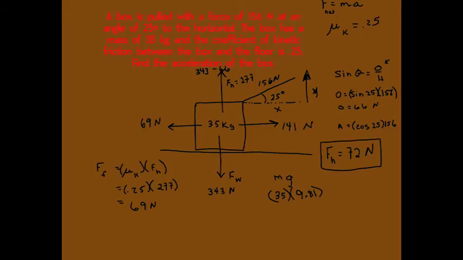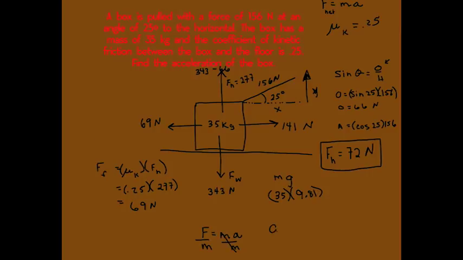But they don't want net force. They want to know acceleration. Well, at this point, it's a piece of cake because we know that the net force is equal to mass times acceleration. Force equals mass times acceleration, but we're looking for acceleration, so we'll divide both sides by mass.